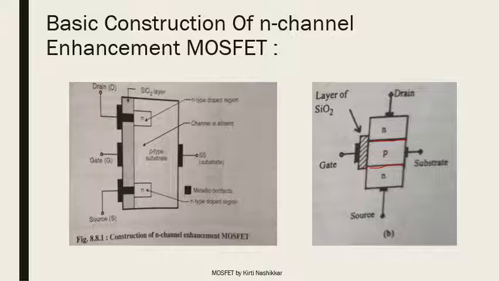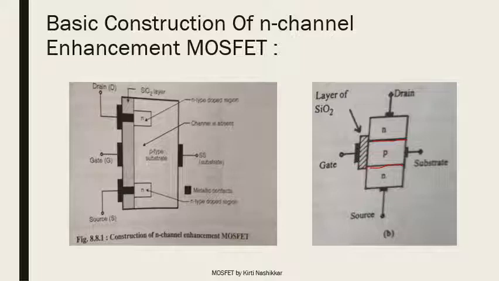The basic construction of N channel enhancement MOSFET is shown here. It consists of a lightly doped p-type substrate. Usually the substrate is internally connected to the source terminal, but sometimes a separate terminal is taken out, called the substrate terminal, termed SS. In that lightly doped p-type substrate we diffuse two highly doped n-type regions as shown.